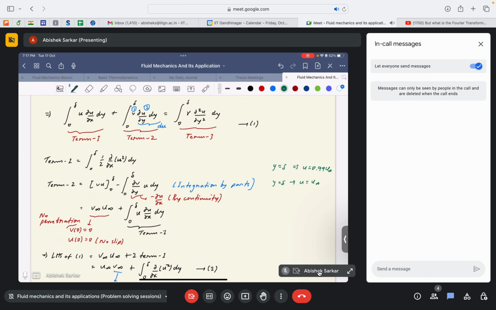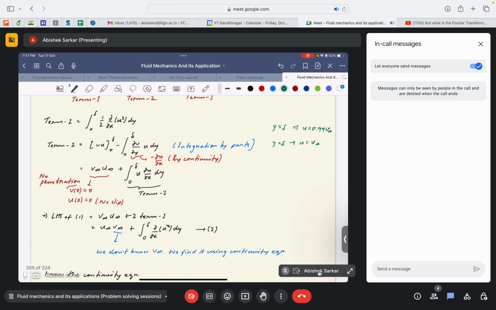This 0.01 difference won't make a lot of variation in the solution. So we impose this condition that at y equal to delta, u is equal to u infinity. And similarly v would be equal to v infinity, even if it is very small, because we have a y component of velocity, so that will exist.